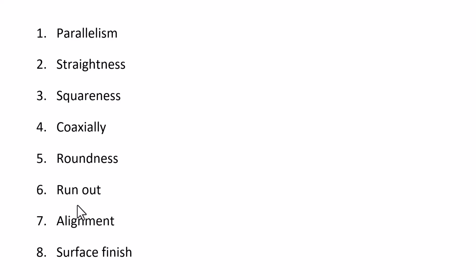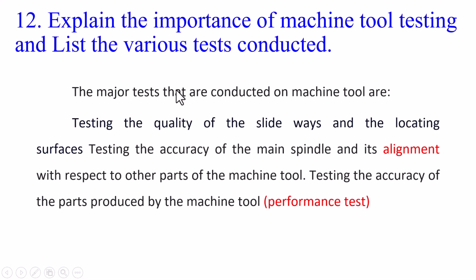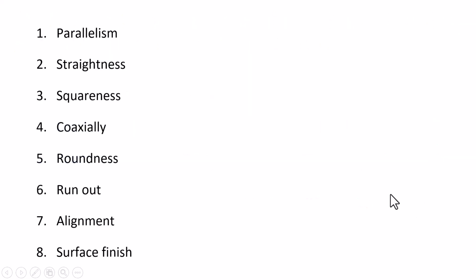So these are some of the tests we conduct in the case of machine tools. On this point, you can explain by taking different machine tools and the different checks we carry out.